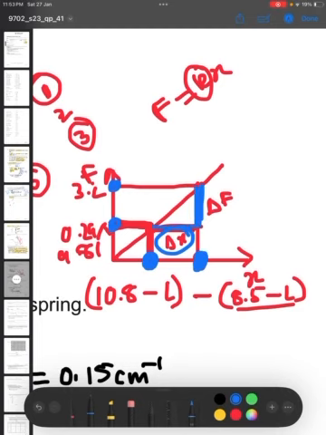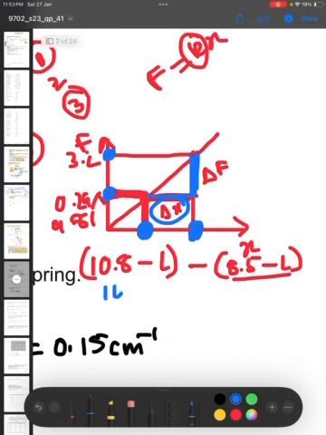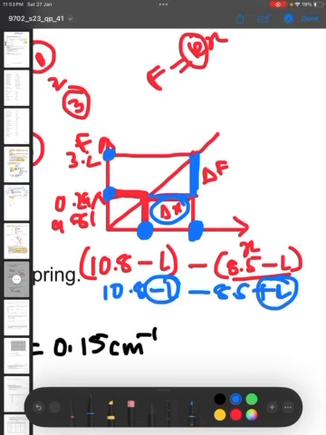So if I have delta F over delta x, I find my spring constant. So if you can see here, this becomes 10.8 minus L minus 8.5, but then this becomes plus L. So minus L and plus L becomes 0. So 10.8 minus 8.5, that's what we get here, which will give us our delta x.